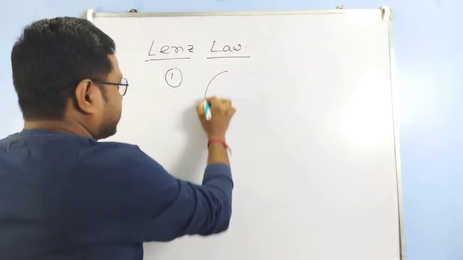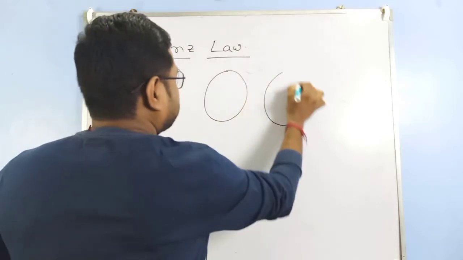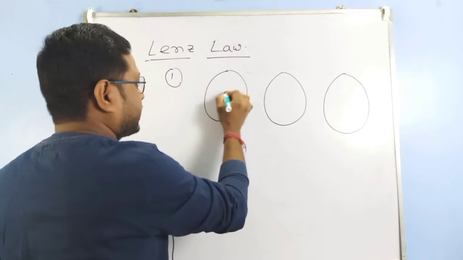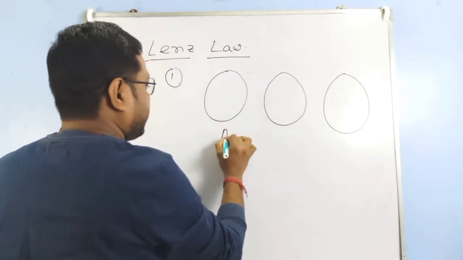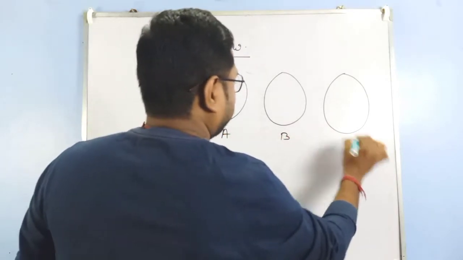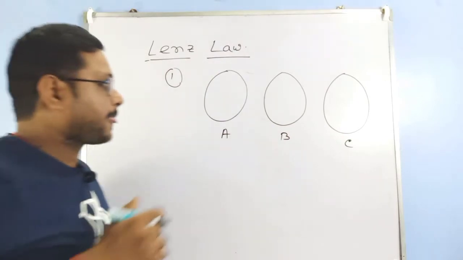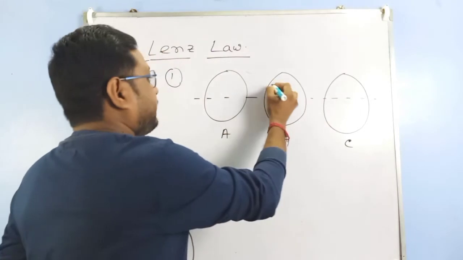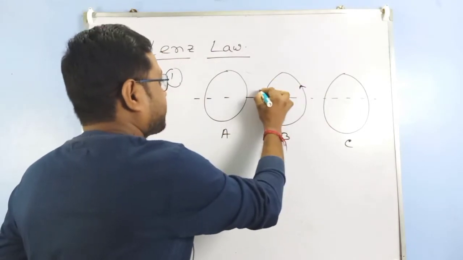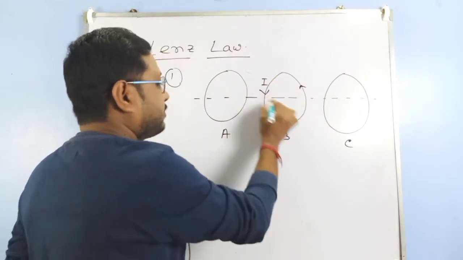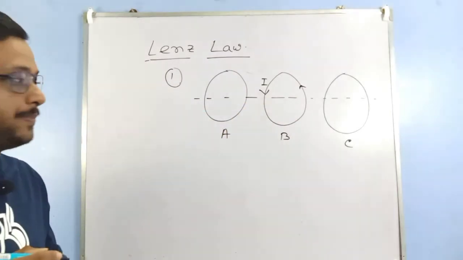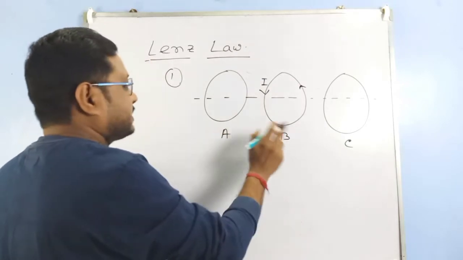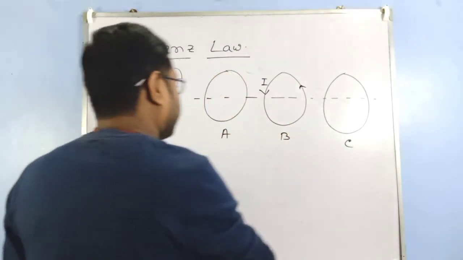Three conducting circular coils A, B and C are placed parallel to each other, on the same axis. If a current flows through the middle coil, that is coil B, what option is correct?